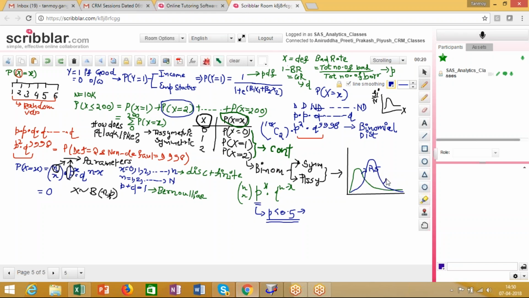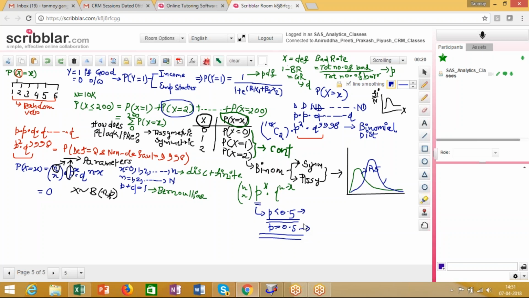Now the next part is that if the probability of success is 50%, then it is more probable to get a mean number of successes. If p is equal to 0.5, the number of successes will cluster in the central parts.